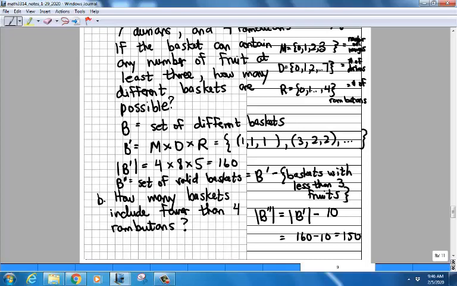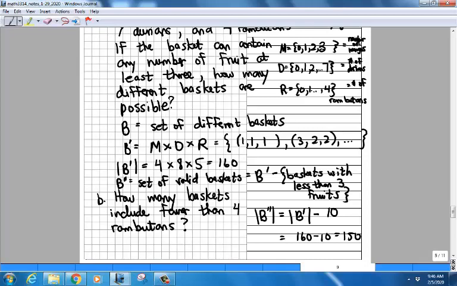Hopefully when you have to modify your original model, the modifications will be pretty easy, like in this case, where we were able to count by inspection how many baskets had less than 3 fruits. So we just took out the invalid baskets from the set of all the different baskets to get the set of valid baskets.